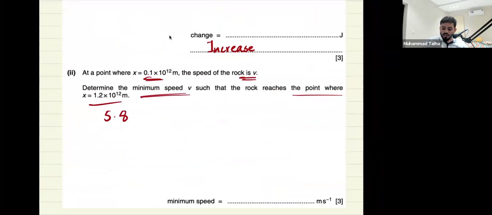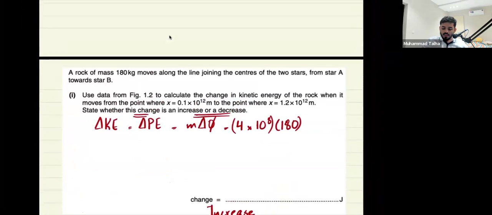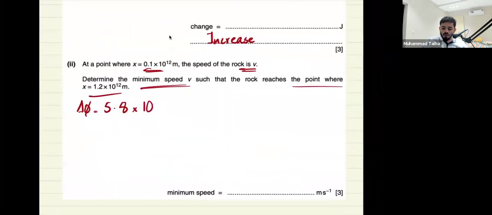So 5.8 is my delta phi here, so 5.8 into 10 to the 8 joules per kg. And now the calculation will start to make sense, and you can also double check the answer to that previous part.